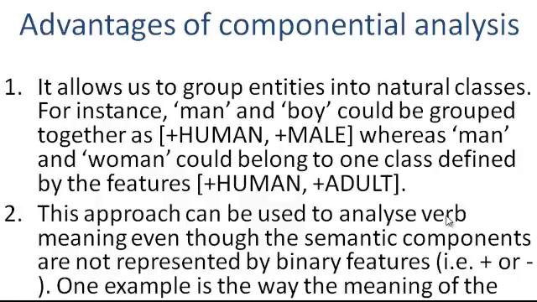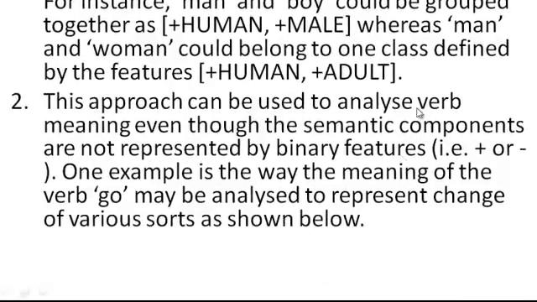And apart from enabling us to group entities into natural classes, the componential analysis also enables us to analyze verb meaning, even though the semantic components are not represented by binary features. When we're looking at verbs, it is difficult for us to analyze verbs in terms of the binary features using the plus or minus signs that we've seen when we are trying to analyze words such as man and boy.